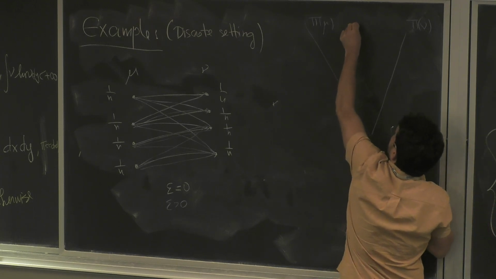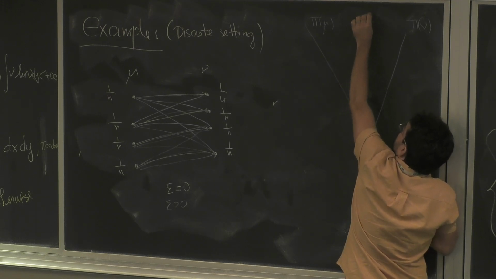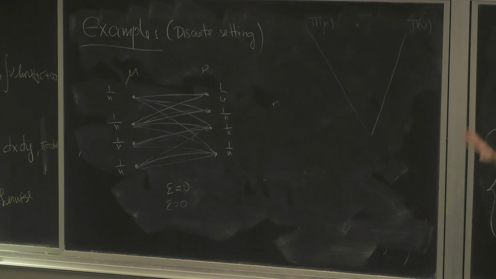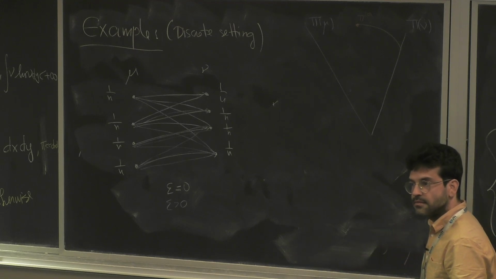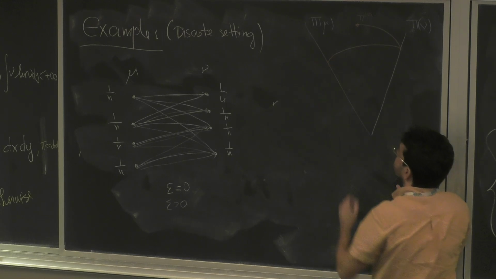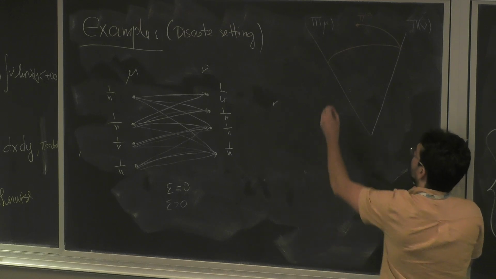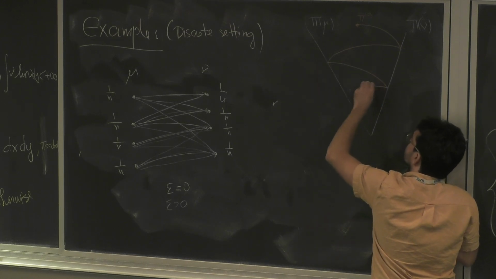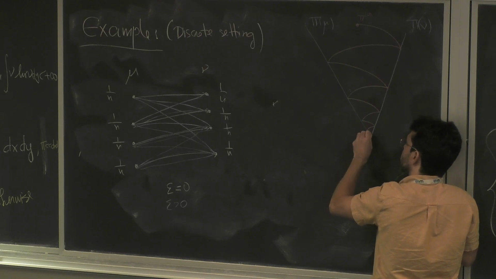The idea of their proof is that if you start with a pi 0, very likely you are not in either of those sets. At the first iteration, you fix one of the marginals, but not necessarily the other. When you do the second iteration, you fix the other, and you mess up the first one a little bit, but you improve a little. The more you continue the iteration, you are going to converge to this point here.